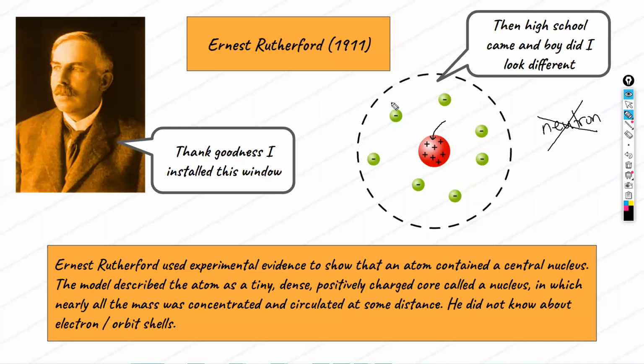Also, the electrons are revolving around the center of the atom. But if this is the center of the atom, which is positive, there's supposed to be shells. Notice there are no shells, but at least he figured out that the electrons were going around the center. All right, so we have to give him his credit.